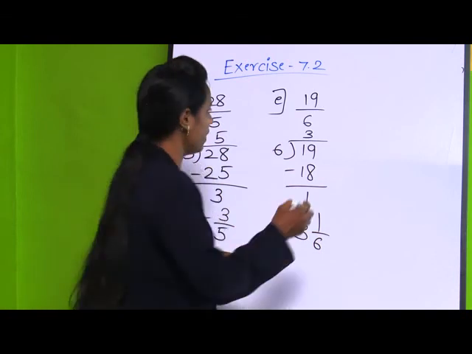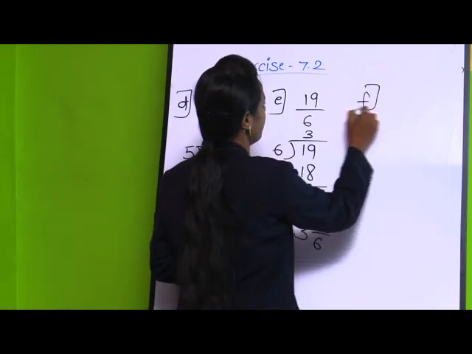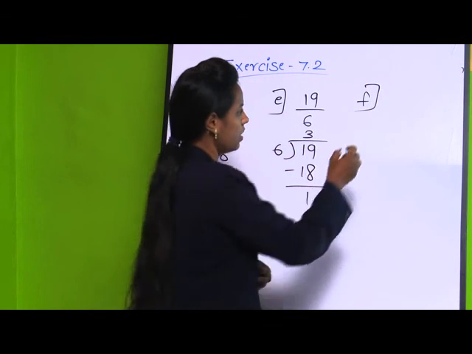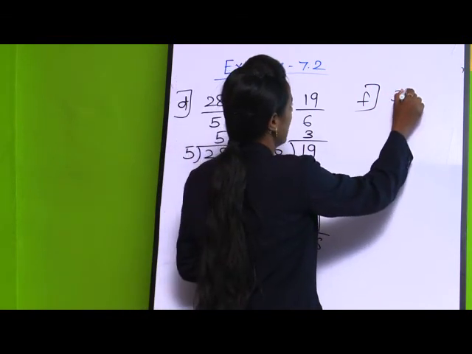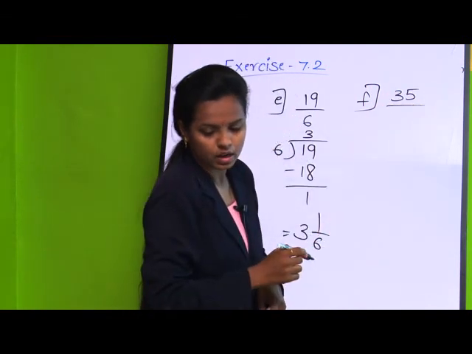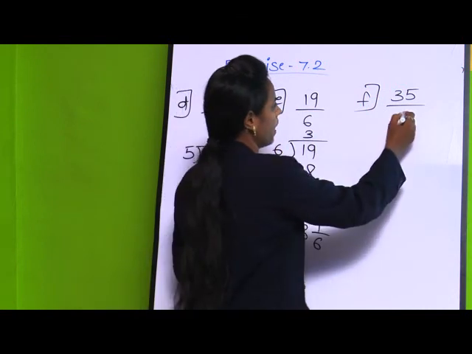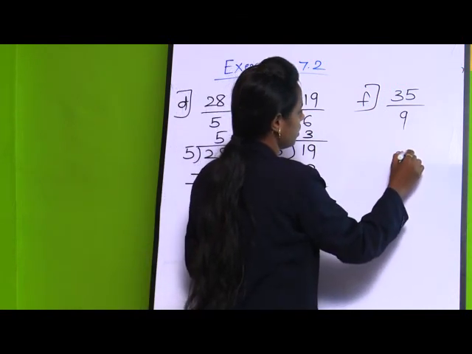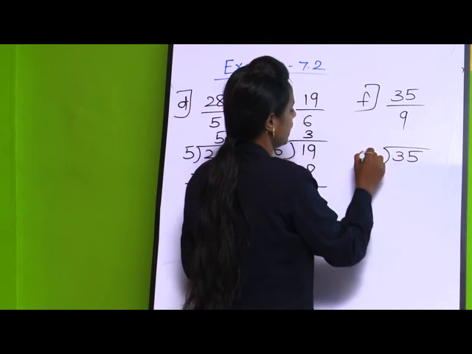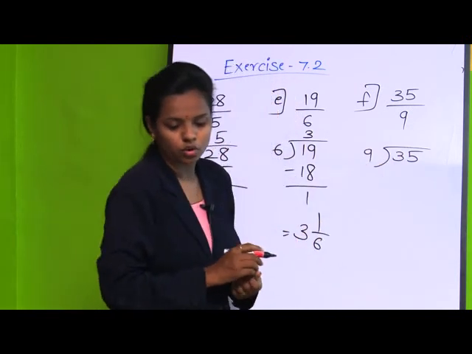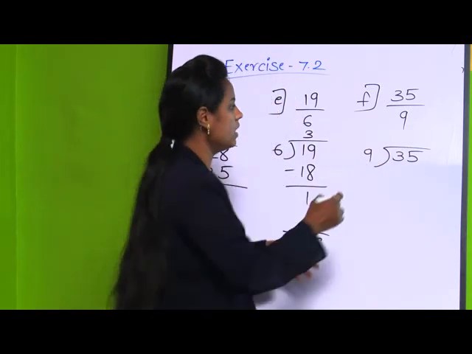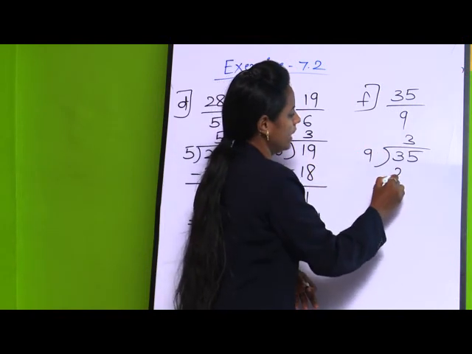One more example we have, that is F1, 35 by 9. Okay, we have 35 by 9. So, we have 9 3s are 27.